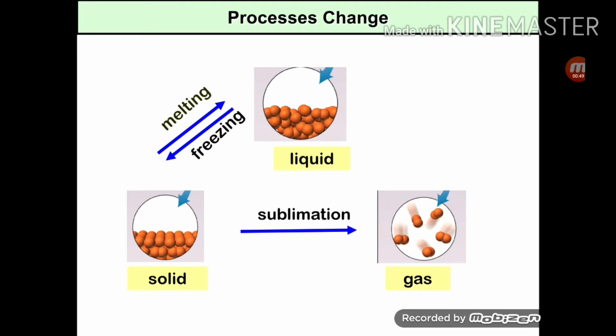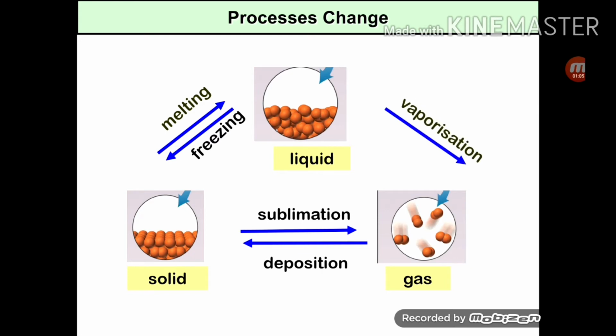Sublimation is the process that involves transformation from the solid phase to the gas phase, and from gas to solid is known as the deposition process. The process that involves transformation from liquid to gas is known as vaporization, and from gas to liquid is known as condensation.